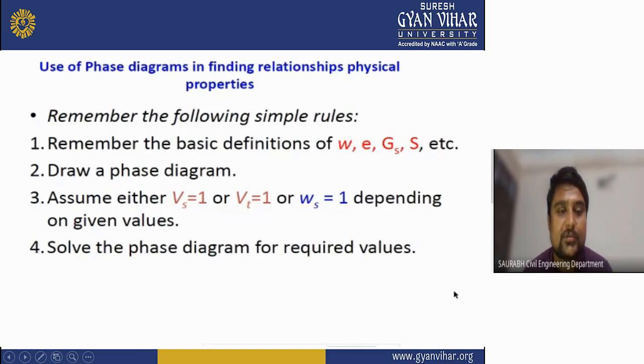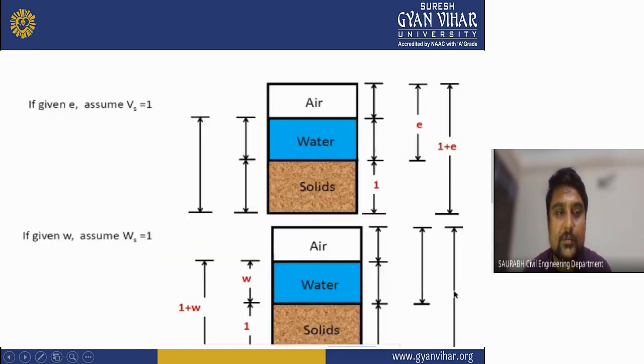And you also need to know how to draw a three-phase diagram. Assume either volume of solid is equal to 1, or volume of water is equal to 1, or weight of solid is equal to 1, depending on the given value. Solve the phase diagram for the required value.